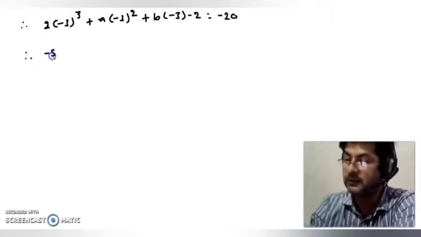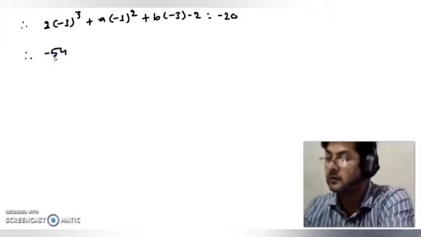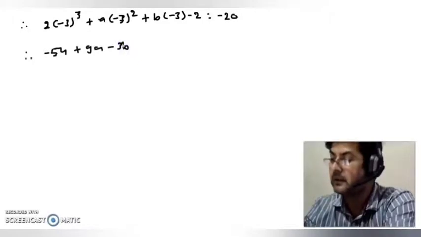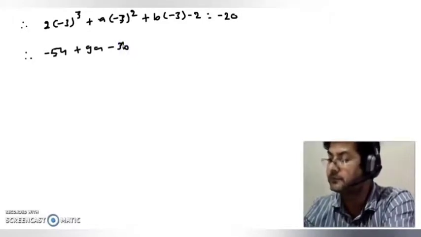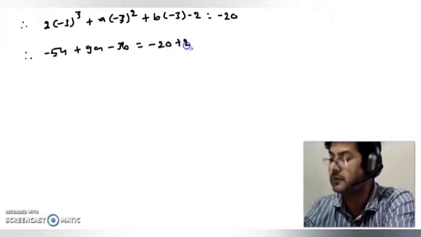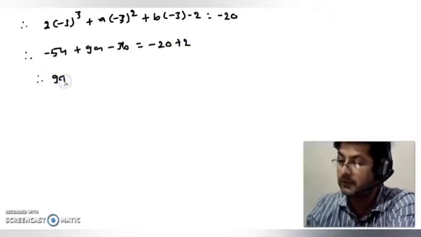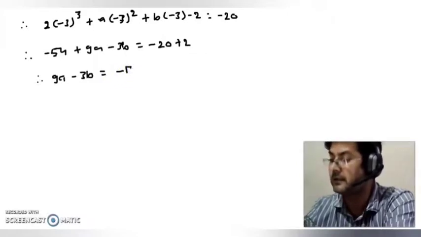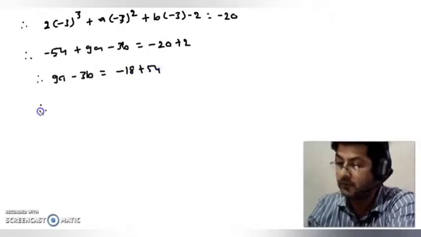Minus 54 plus 9a minus 3b minus 2 is equal to minus 20. Therefore 9a minus 3b is equal to minus 20 plus 2, which will be minus 18, plus 54.